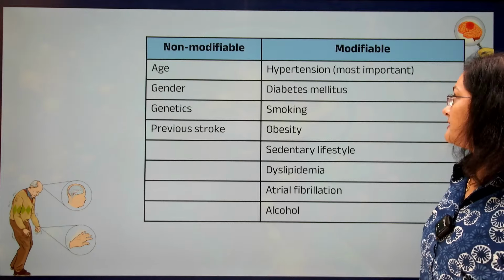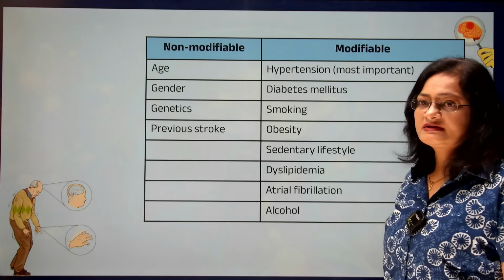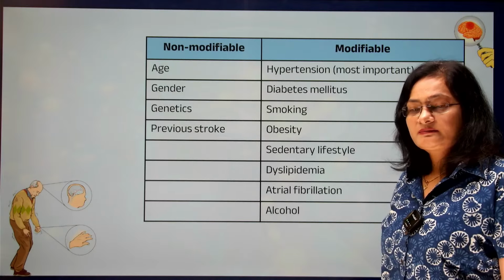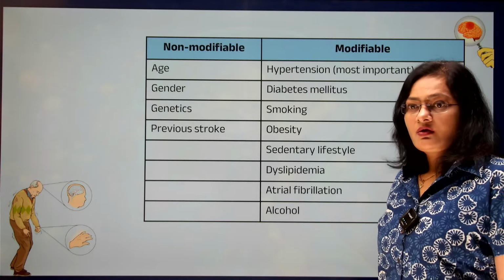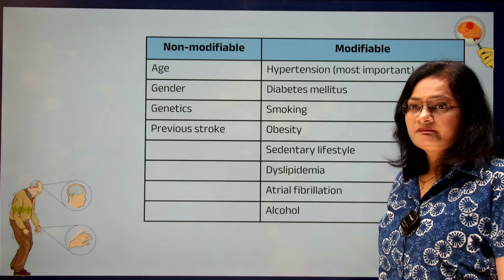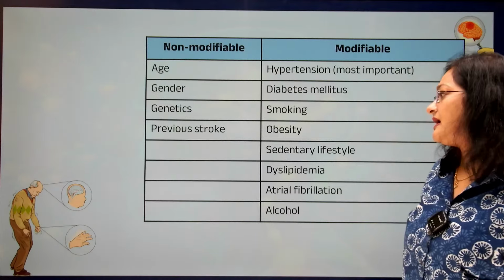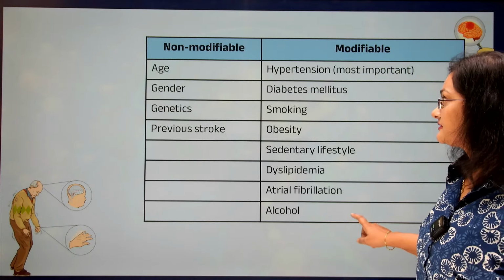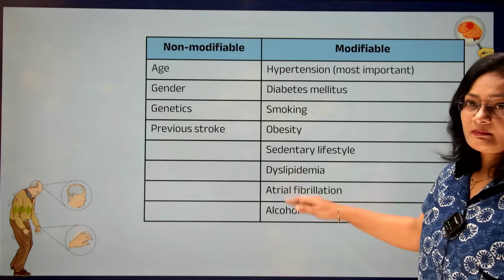While modifiable factors which include or which we can control up to certain extent. So, it include hypertension, diabetes mellitus, smoking, obesity, sedentary lifestyle, dyslipidemia, arterial fibrillation, and excessive alcohol consumption. So sometimes MCQs can be asked related to risk factors also.